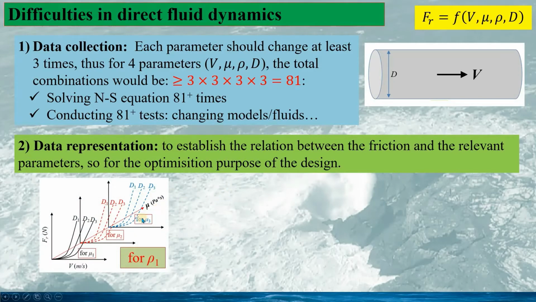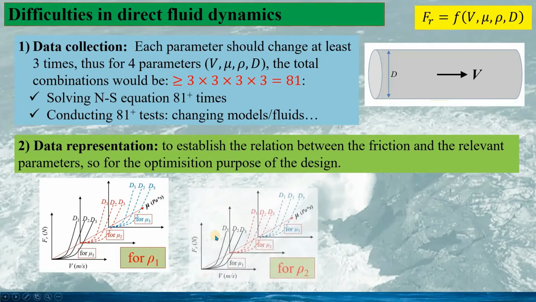So when we have all the data and put it together in a plot, it would show the fluid friction, which depends on the velocity, the diameter of the pipe, and the viscosity of the fluid. And this is only for one density of the fluid.